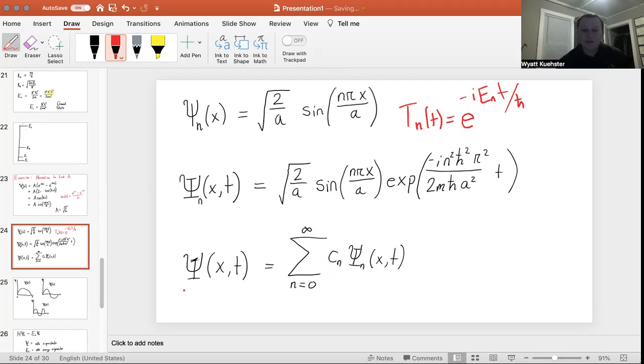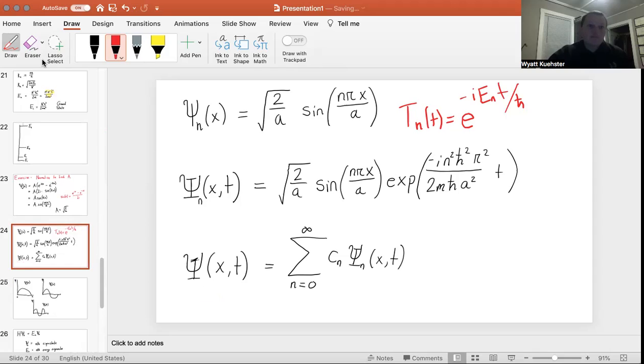And this works for any wave function, as long as it's normalizable. So as long as it doesn't blow up at infinity, or have asymptotes, or as long as it's a good wave function, or what we'll call L2, integrable over the range 0 to a, I can write it as a linear combination of these big psi n's.